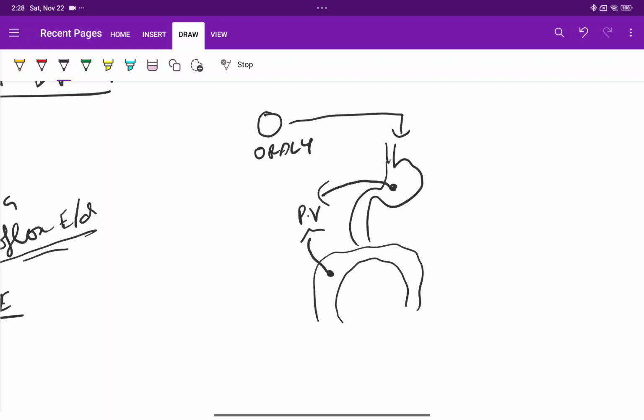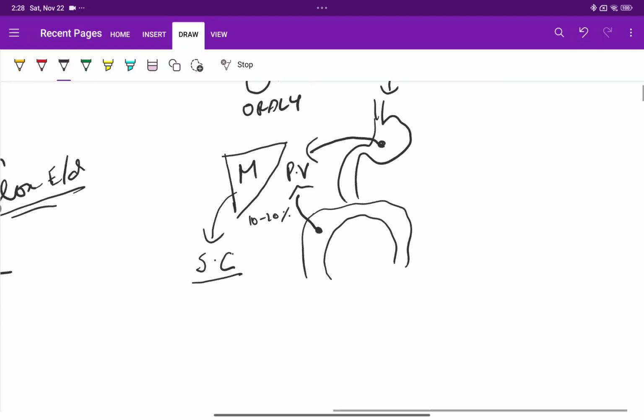It is absorbed through the portal vein and reaches the liver. In the liver, the drug gets metabolized. Around 10 to 20% of the drug is lost. Then it reaches the systemic circulation. Around 80% of the drug reaches the systemic circulation.